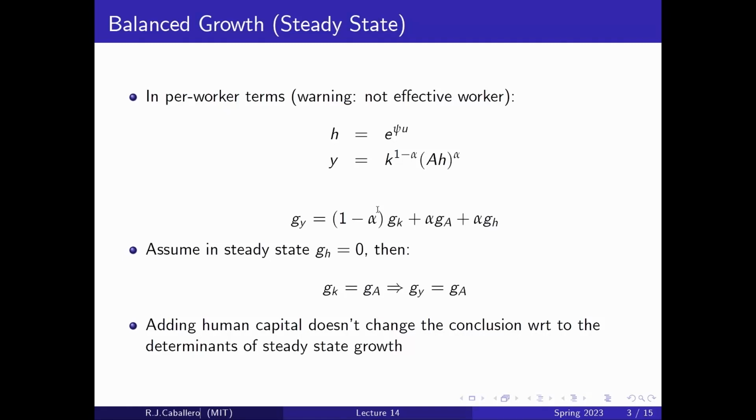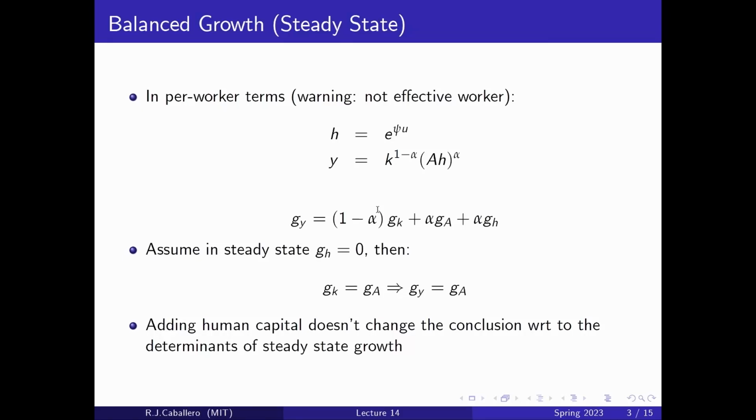Remember that big H was just e to the psi u times n, so that's that. Output per worker will be k, capital divided by n, and here is big H divided by n, which is little h. So all this now is measured as output per worker, or per person.